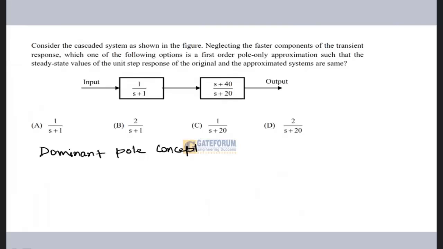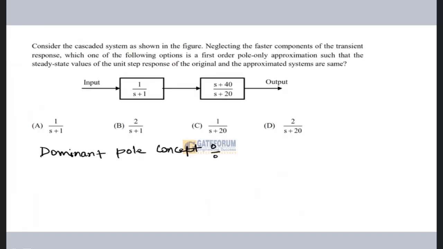Before reducing, you must convert the system transfer function into time constant form such that the steady state value of both the original system and the reduced system remains the same. Or I can say the DC gain of both the original system and the reduced one must be the same. So here I'll be using this concept.